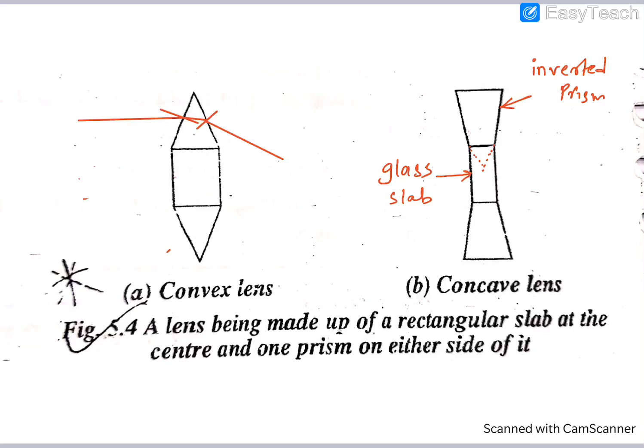So this light ray would have gone how? This light ray will just go bending towards the normal, and from denser to rarer, away from the normal. So let's say this is your incident ray, and then refracted ray, and then emergent ray. That's your normal 1 and that's your normal 2. Okay.